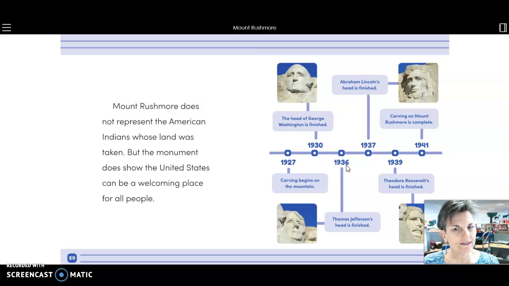Wow, how long did that take? 6 years. I wonder why, and that would be interesting to research, why did President Washington's head only take 3 years, and then Thomas Jefferson's head take 6 years to carve? That would be interesting to know.